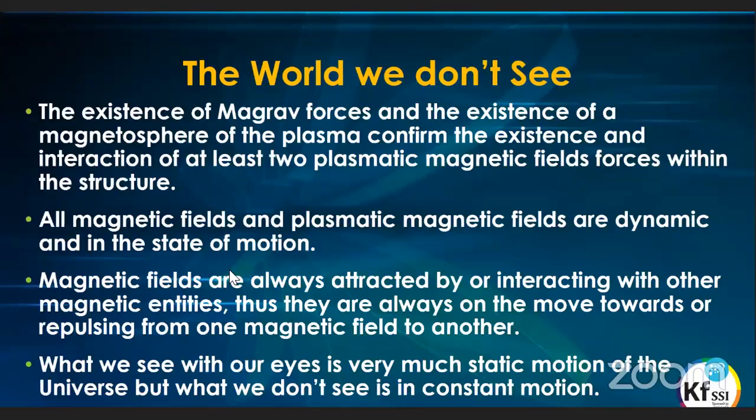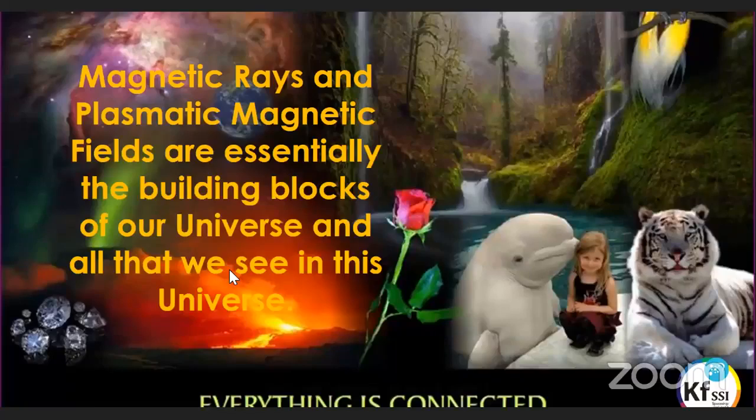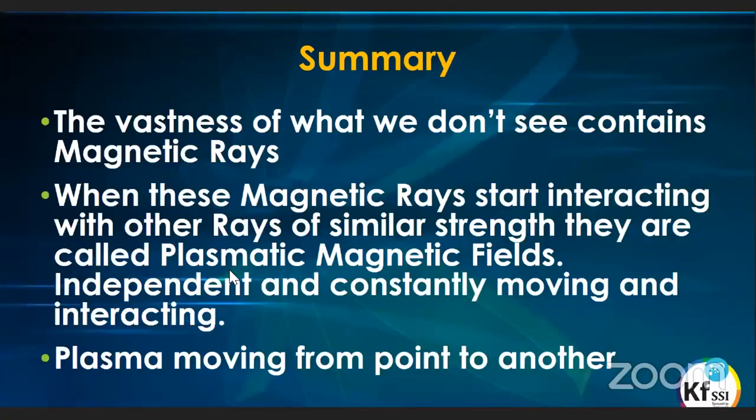So essentially, our magnetic rays and the collection of magnetic rays are the building blocks of our universe and all that we see. Everything stems from the interaction of these fields. The vastness of what we don't see contains these magnetic rays.